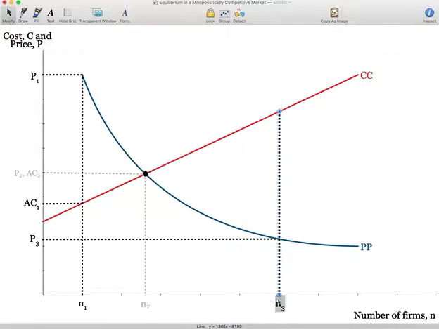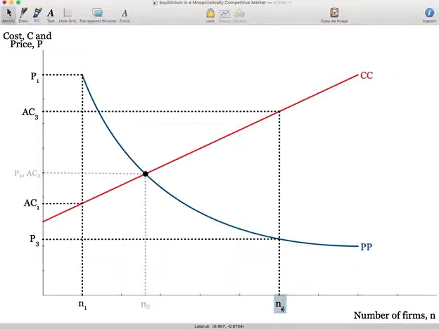And if we follow up from N3 up to CC, which gives us average cost, we can plot out our average cost. And again, I'm going to cheat and duplicate and move it up there. So that's going to be average cost 3.